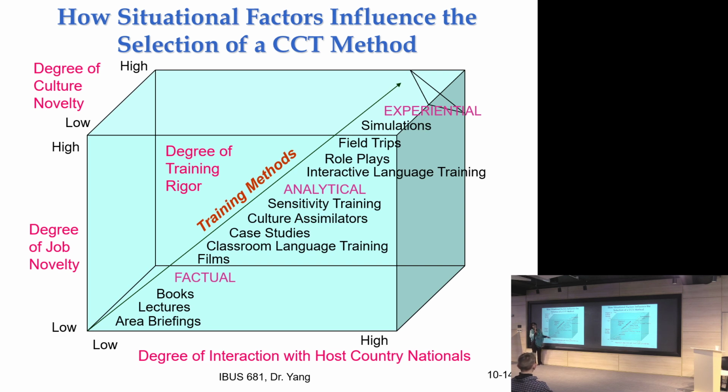If that's the case, then factual training like books, lectures, and area briefing will be sufficient. However, if you will be on a daily basis really involved and communicating with the local people, then those more developed experiences and training, including a field trip to that particular country, will be more appropriate.